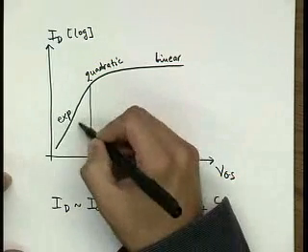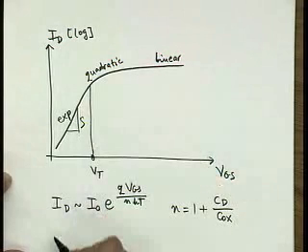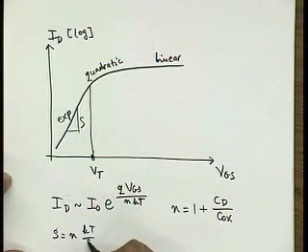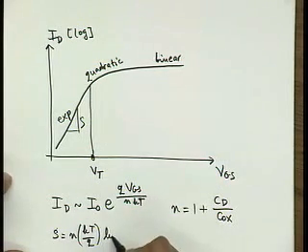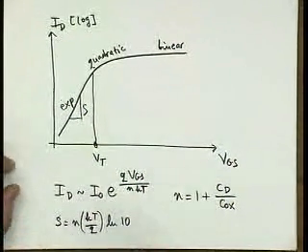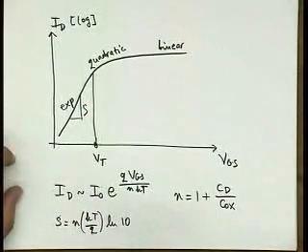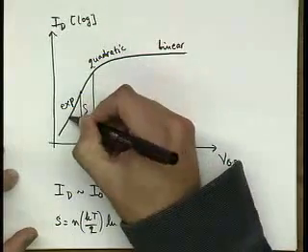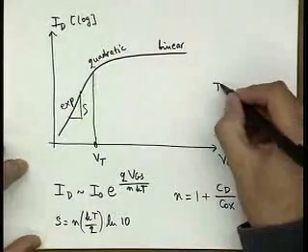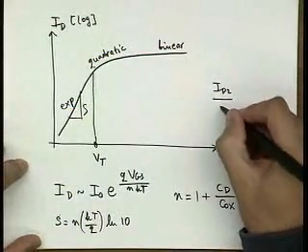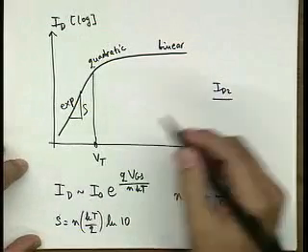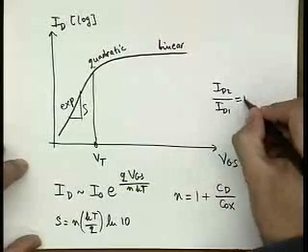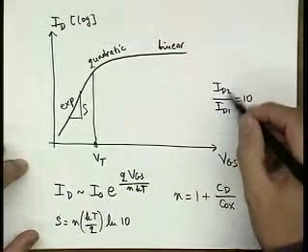The slope of this exponential curve, this S, is equal to NKT over Q times ln 10. When you take two points on this curve, what's interesting to know is how much voltage it takes to have a ratio of leakage current equal to 10.